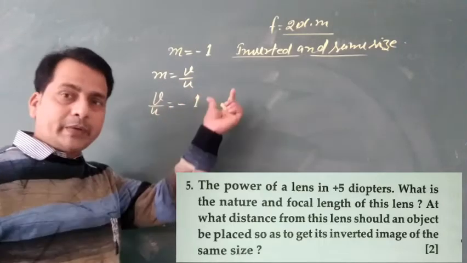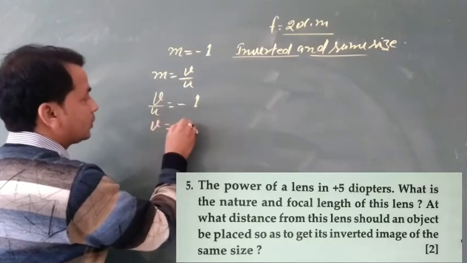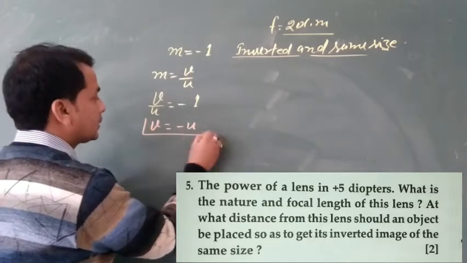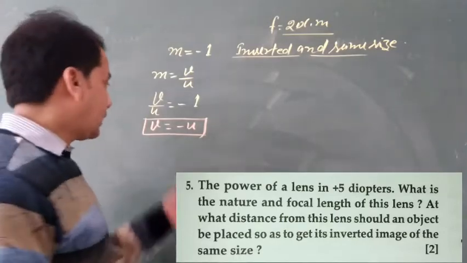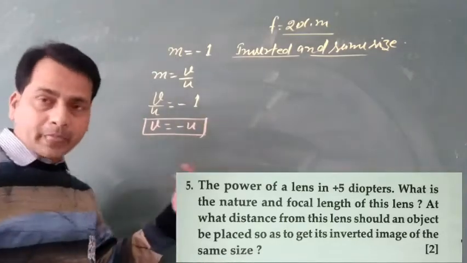Cross multiplying, v equal to minus u, meaning the object distance and the image distance will be the same and in opposite directions.